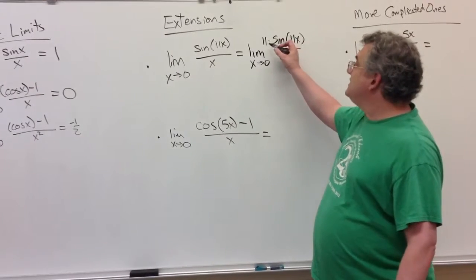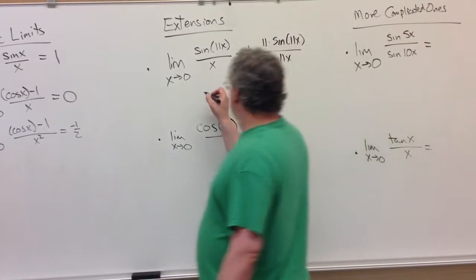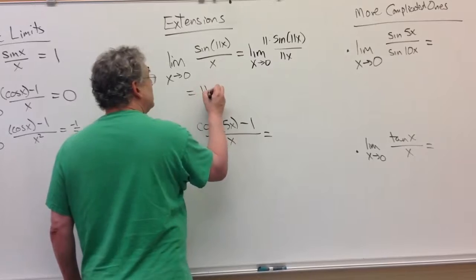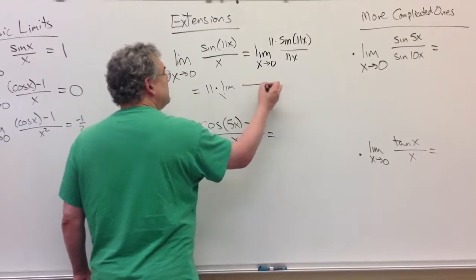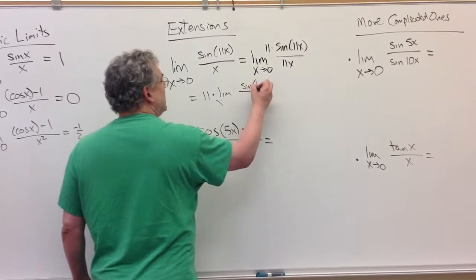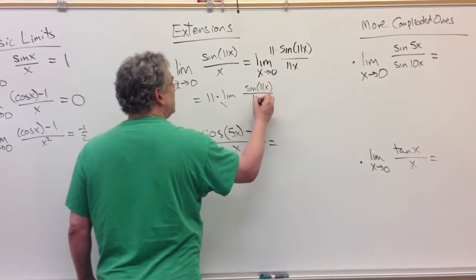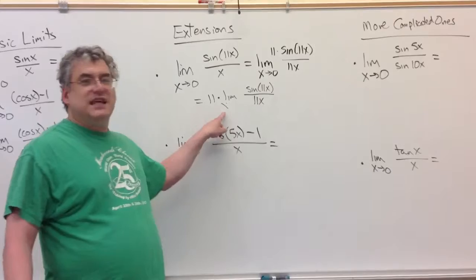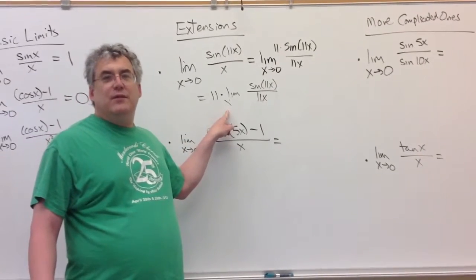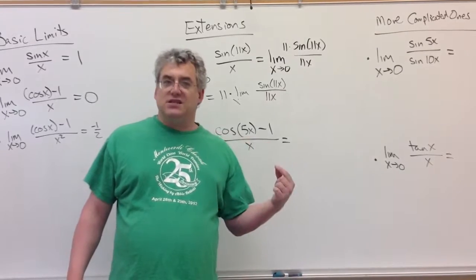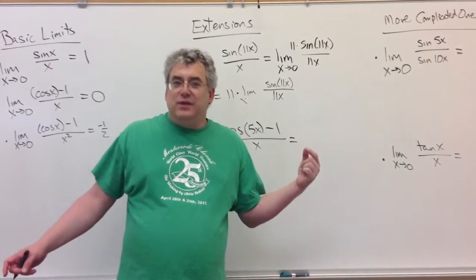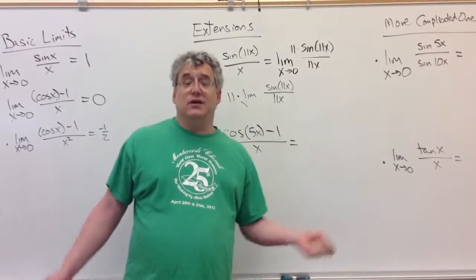Now using limit laws, this 11 can be pulled out, and we get 11 times the limit as x goes to 0 of sine of 11x over 11x. What I'd really like to say is that 11x is going to 0. So think about it. If x is going to 0, where is 11x going? Well, it's just 11 times as big, so it goes to 11 times 0, which is 0.